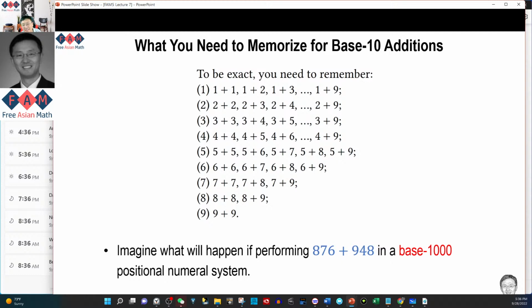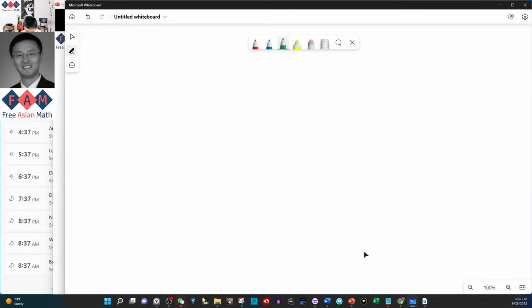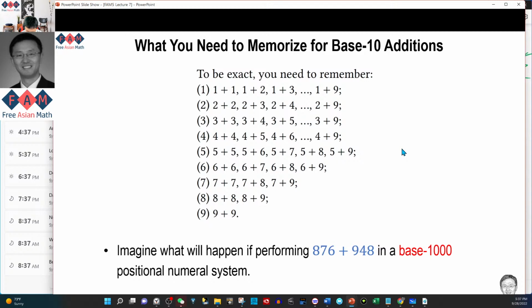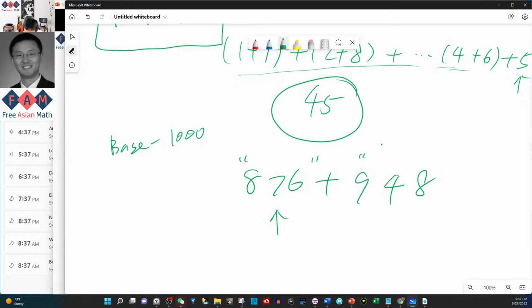How do we know the result? It will be a fact. 876 plus 948. Because in the hypothetical, imaginary base 1000 system, both of those numbers are unit numbers, hard-coded with a symbol, and you have no idea what the sum is.